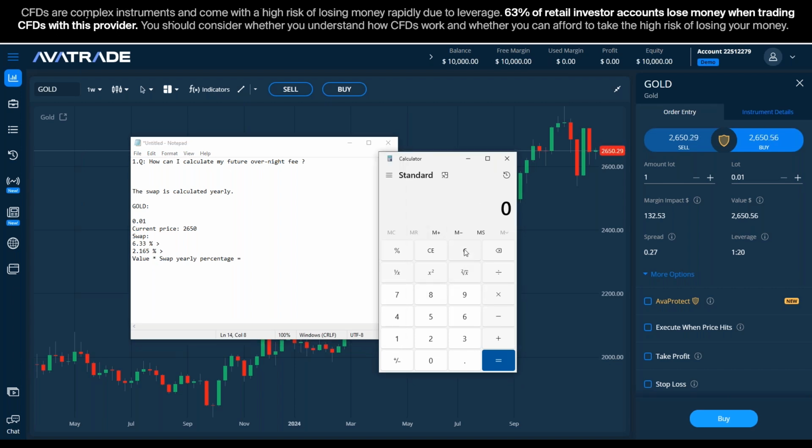Okay, so we have 2650 times, let's go for the buy, 6.33%. That means 167 for a year. Okay. And if I will divide this by 365, and I get, just a second, and I get less than $1 a day.